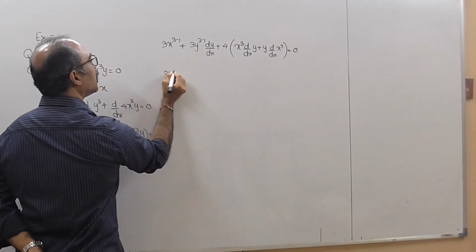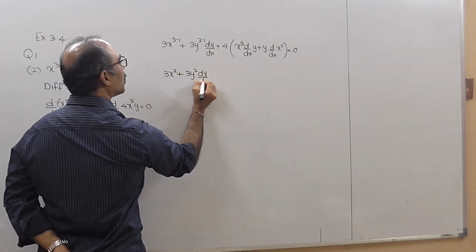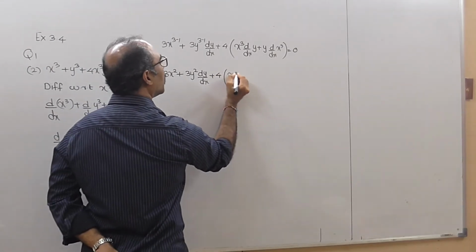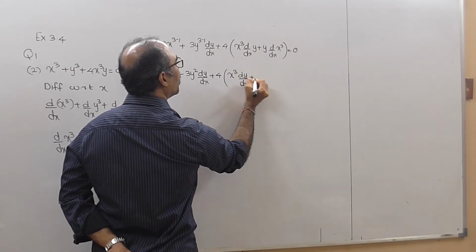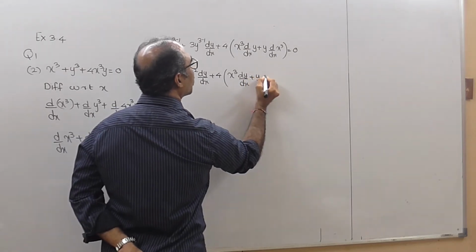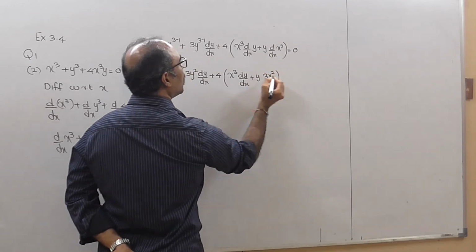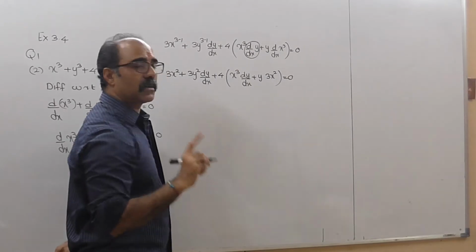So this is 3x square plus 3y square dy by dx, plus x cube, derivative of y is dy by dx, y, this is x raised to n, that is n x raised to n minus 1, and that is equal to 0. See, what is the derivative of x? 1.